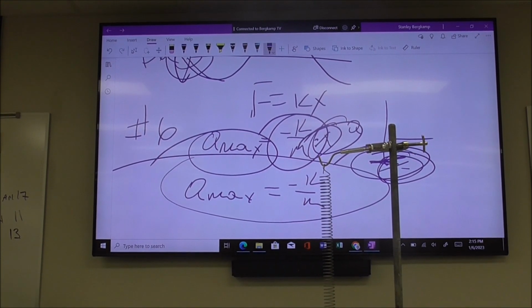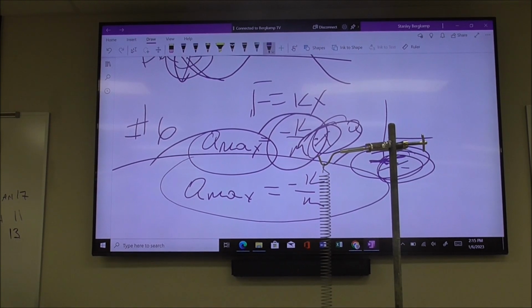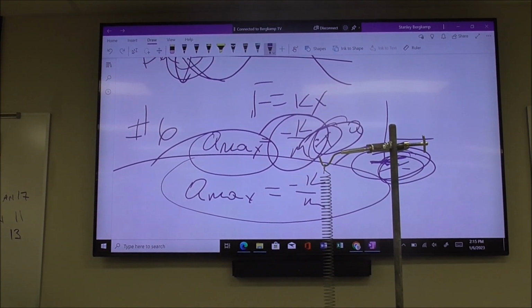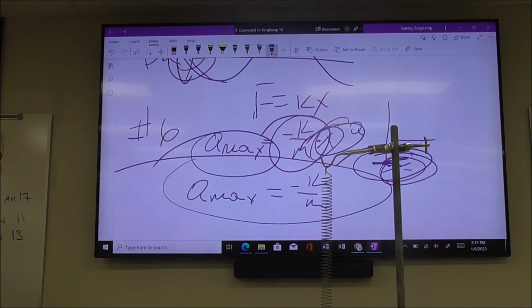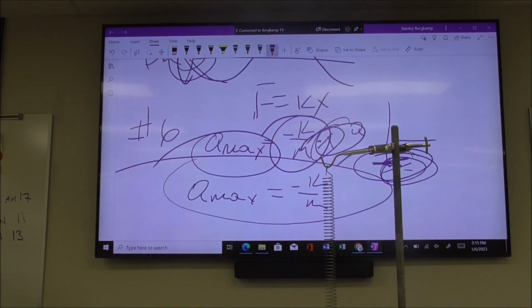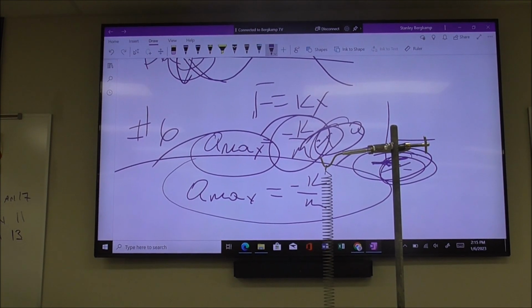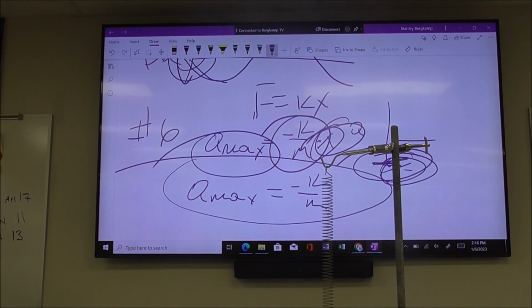I got 2.3. Wait, is it plus or minus? I got minus. Did you get 2.333? The maximum acceleration. Wait, what'd you get? I got negative 1.82.